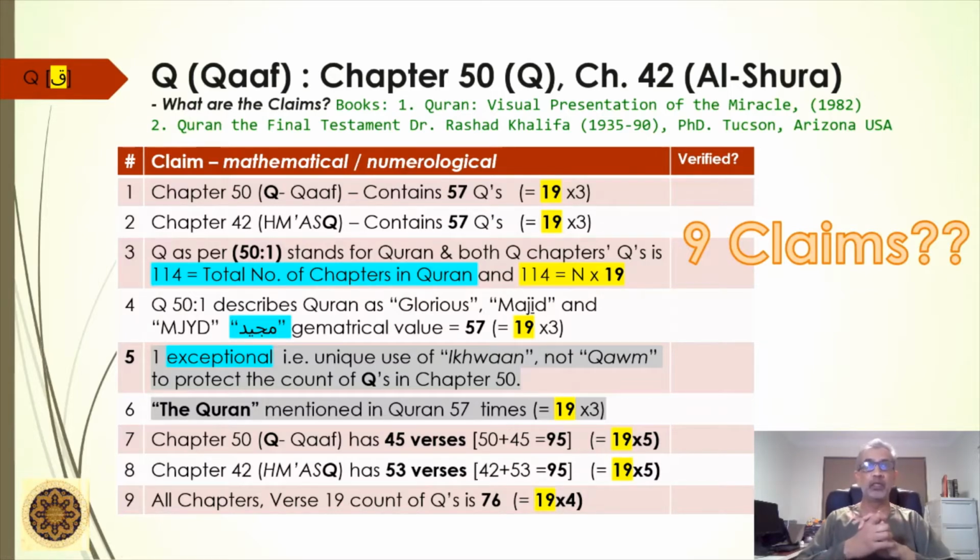It'll explain the Abjadi Arabic word order, the alphabet order, and the weighting that it uses. So Alif has a weighting of 1, Ba has a weighting of 2, and so forth. And then what it's saying is the value of these 4 letters, which represent the glorious, the Majid, as the Arabic word, is a total of 57, which is also 19 by 3.